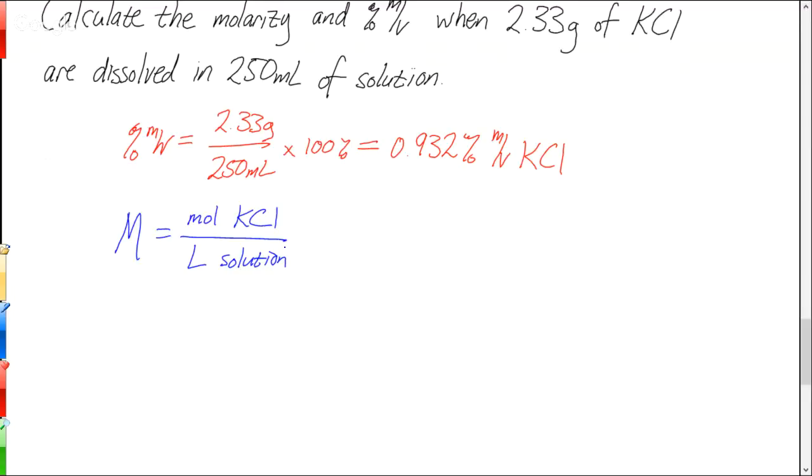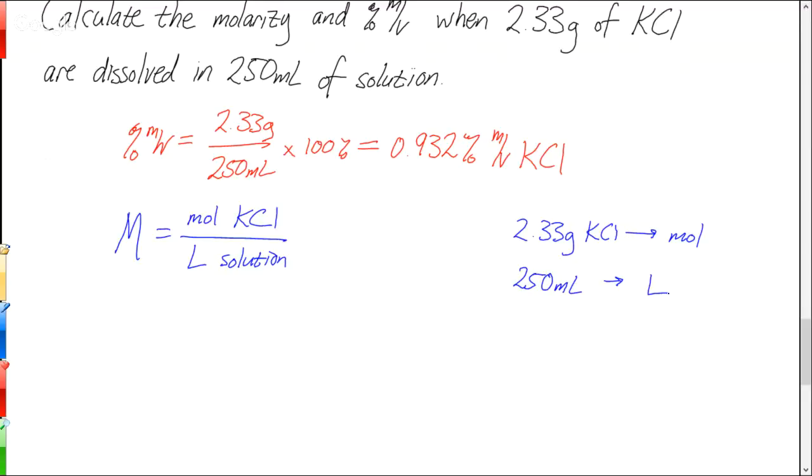So in order to do this, we have to get that 2.33 grams of KCl into moles, and we have to get that 250 milliliters into liters. You can't calculate molarity until you've got moles and liters.